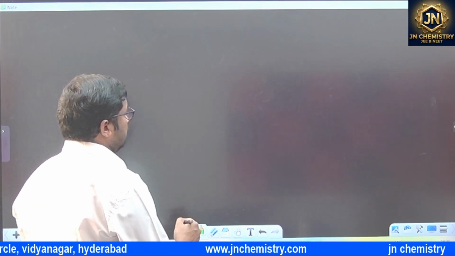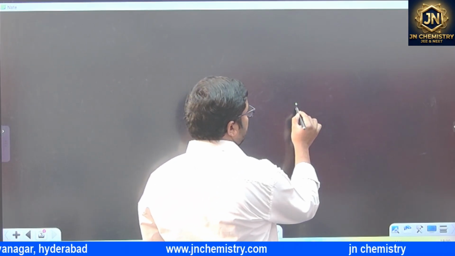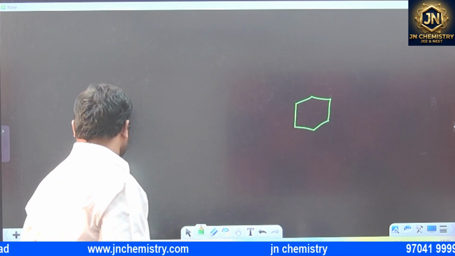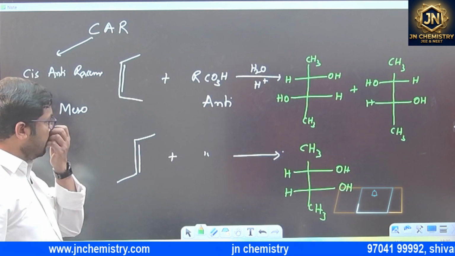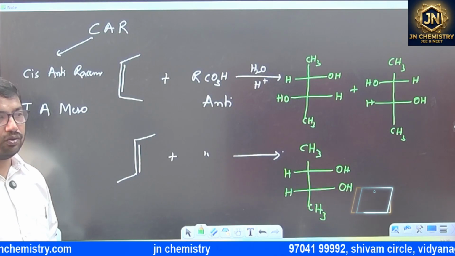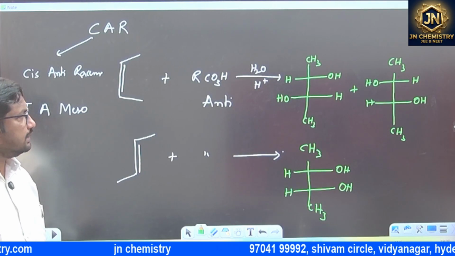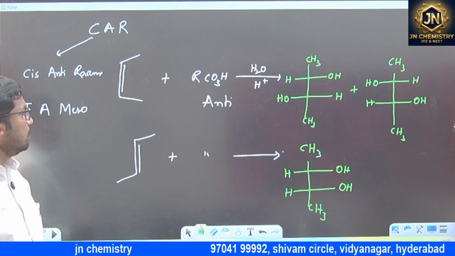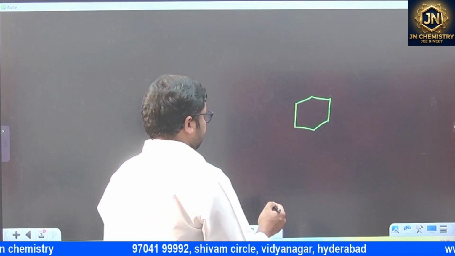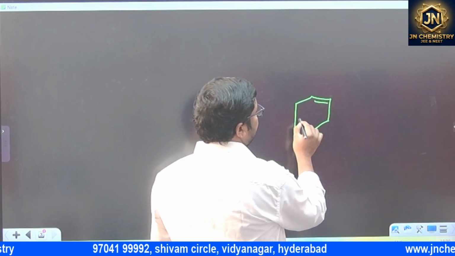Write it down, the products. Next, MCPBA, metachloroperbenzoic acid. So this is MCPBA. This is benzene, right?